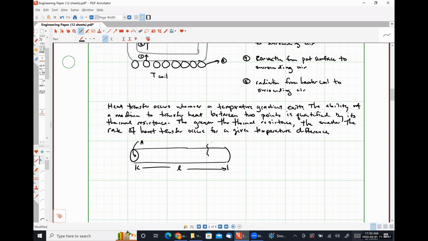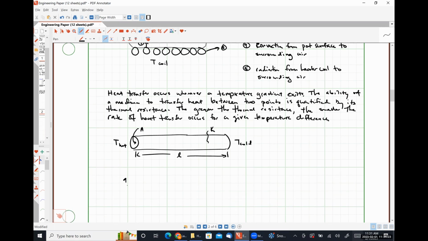So the material itself has some fixed value of K. So if I put something hot on this side of the rod and something cold on this side of the rod, we can quantify the thermal resistance of our rod, right?